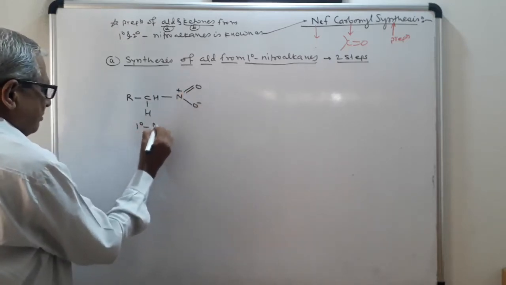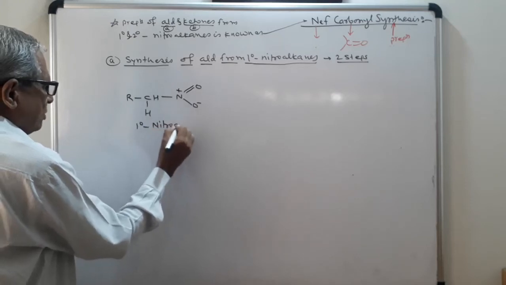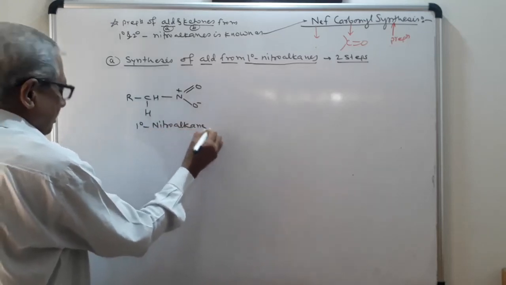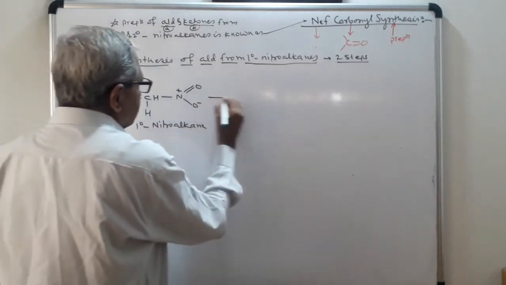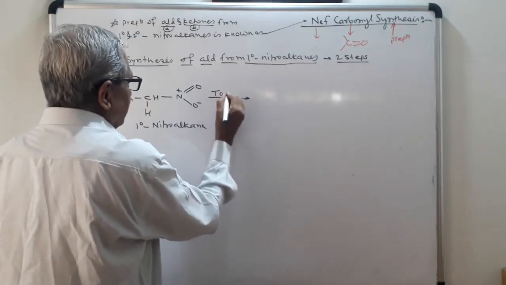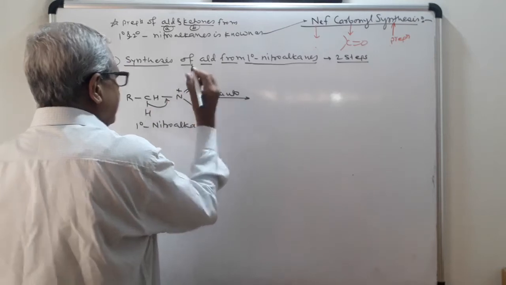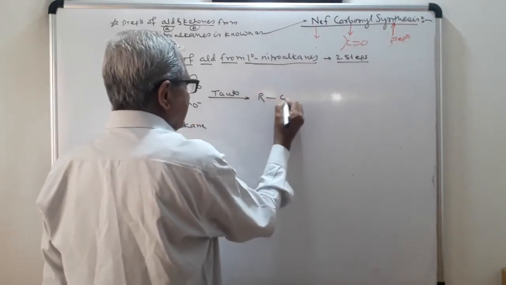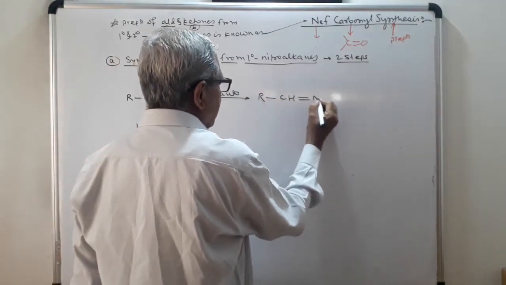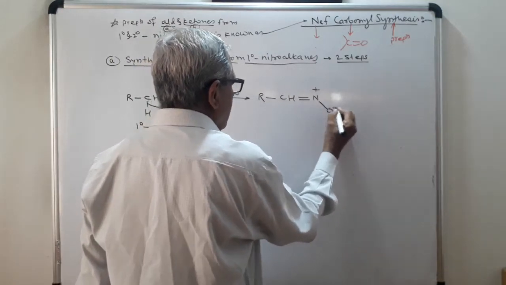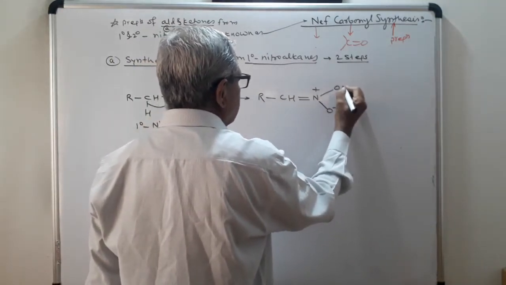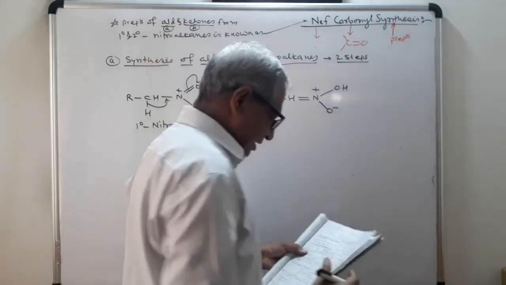This is a primary nitroalkane. It will undergo tautomerism. Just now I was explaining the term tautomerism. Shift this one here. You will get here RCH double bond N, O minus, OH. This is acidic in nature.